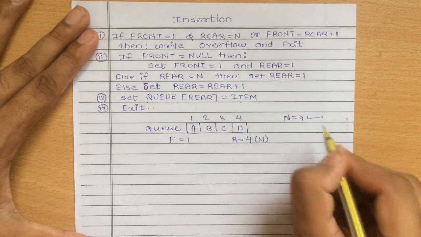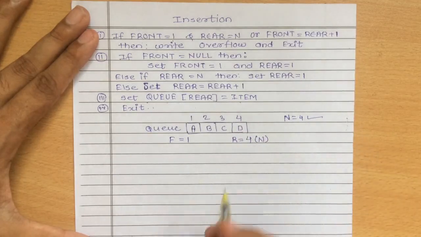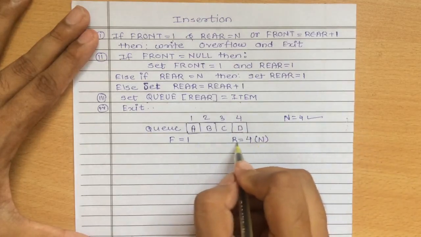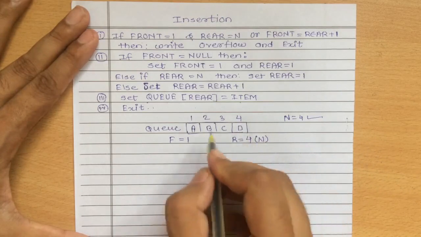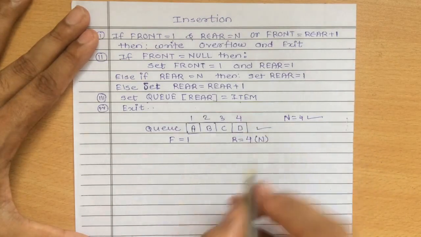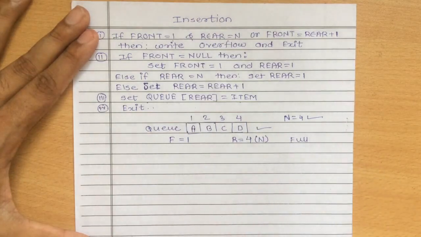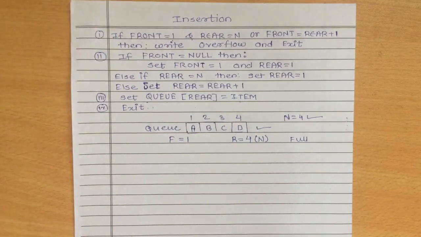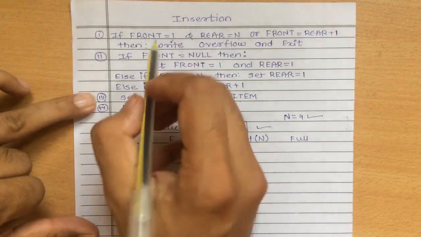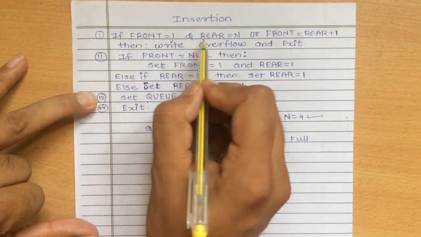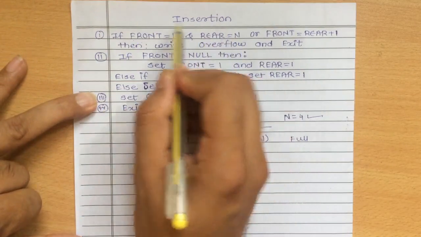As we have written over here, the value of n is 4. So front is equal to 1 and rear is equal to n. What does it mean? My queue is full. This is the condition for the queue being full, and it is the first condition we have to check while inserting any element in the queue. I hope you understand why I have written front is equal to 1 and rear is equal to n.